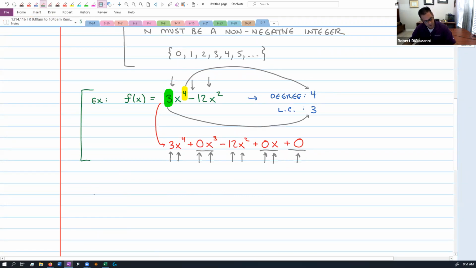Okay, let's look at another example. Let's see here. Let's go with negative 2x cubed, sorry.